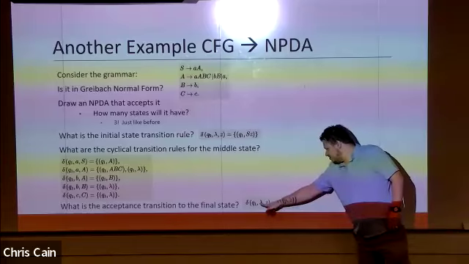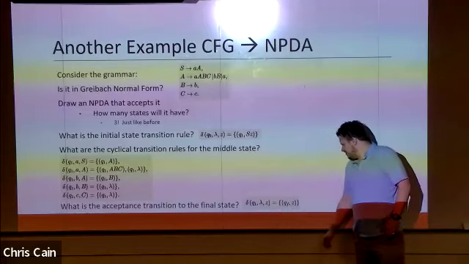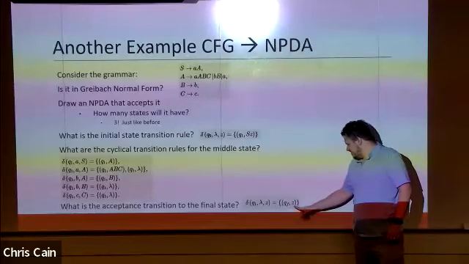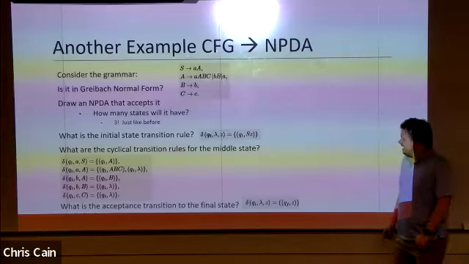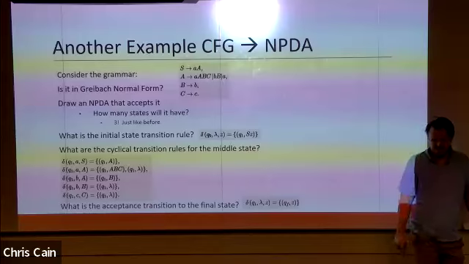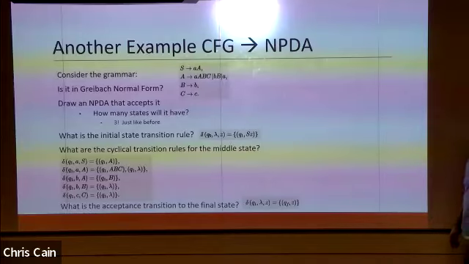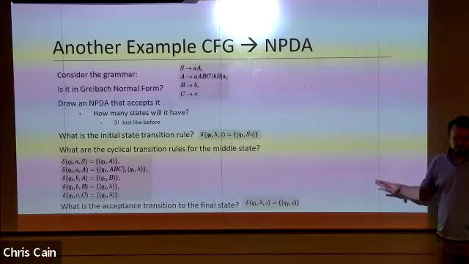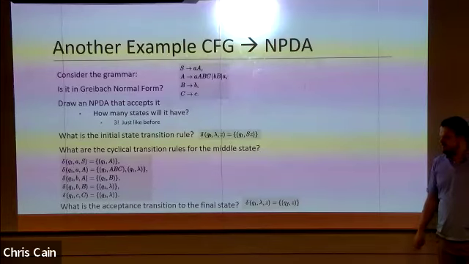So starting in Q1, consuming no character, popping the bottom of stack character, you end up in the final state, and now we have the book making no sense, because now it pushes back on the bottom of stack character. So this is why I say it doesn't really matter. The book kind of contradicts itself with regards to whether that bottom of stack character is there or not. Please be consistent though. Don't have some problems in a homework have it, and some problems in your homework not have it.